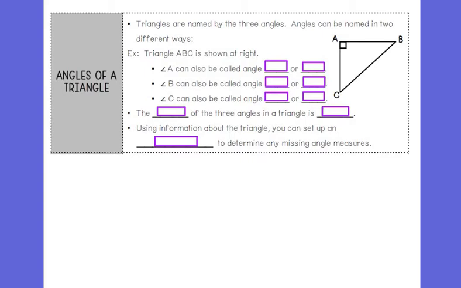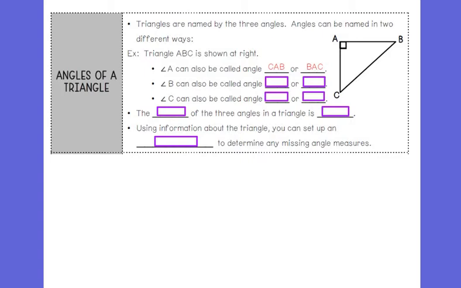So if I'm talking about angle A, I can combine all 3 of those letters, but who better be in the middle? A. So how else could I name angle A? CAB, and what else? BAC. As long as A is in the middle, I know I'm talking about angle A.